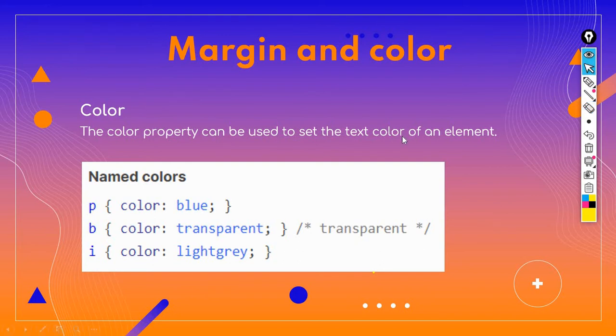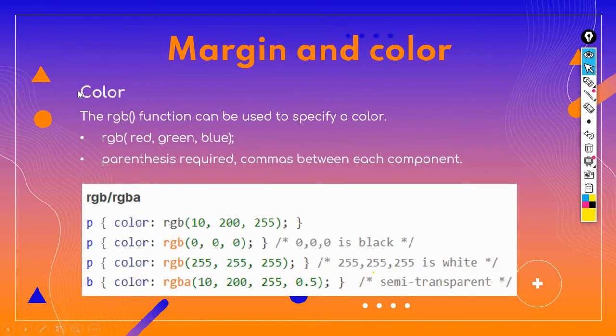Another way to set the value is using RGB or RGBA. So these are examples of how you can use this kind of value.